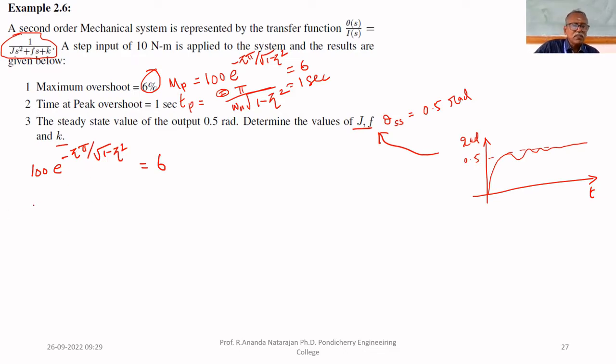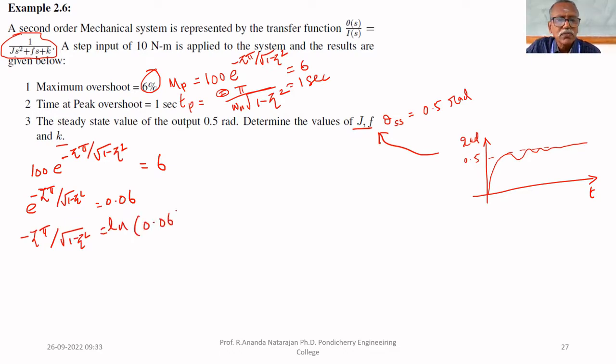So, this can also be written as e power minus zeta pi upon square root of 1 minus zeta square equal to 0.06, or minus zeta pi upon square root of 1 minus zeta square equal to ln of 0.06.